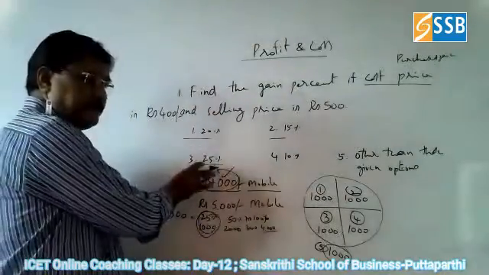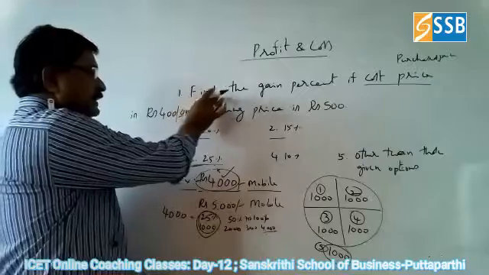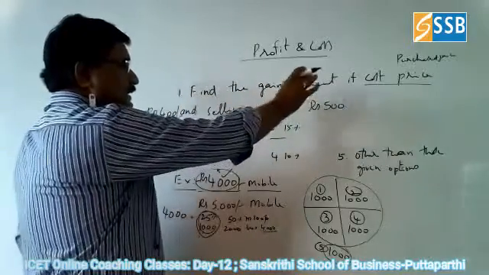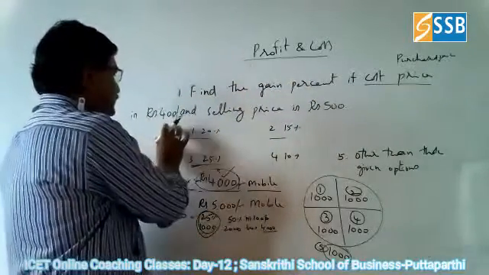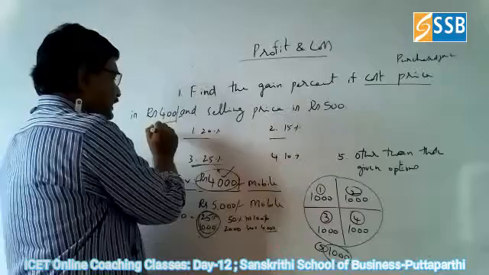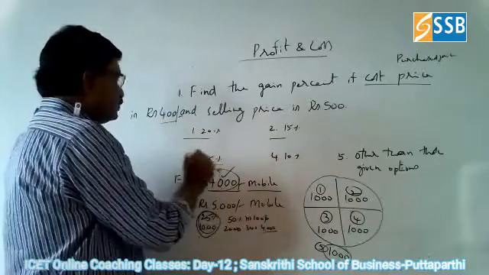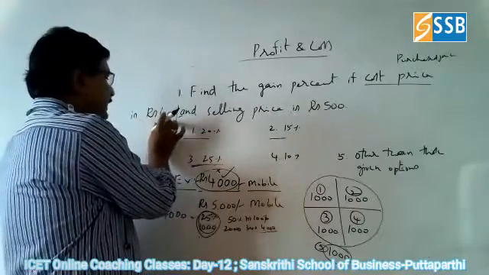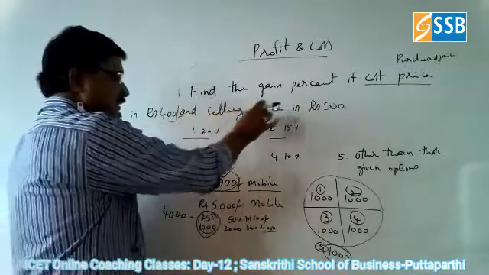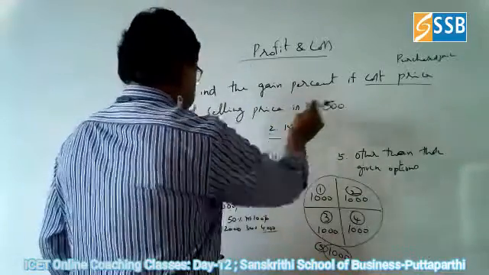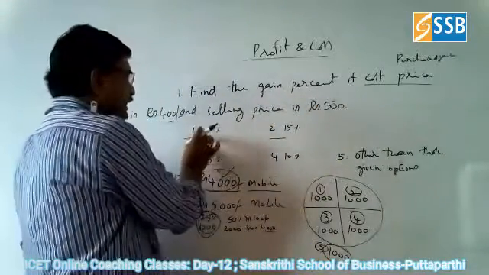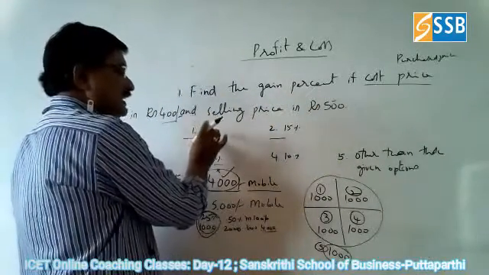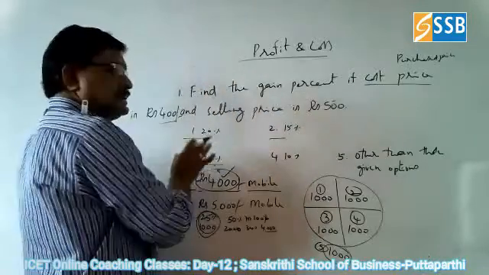Is it clear? So simply find the gain percent if cost price is 4,000, or here 400. Our example is 4,000 rupees we have taken. Cost price is 400 and selling price is 500 rupees. Then what is the gain percentage by that seller?